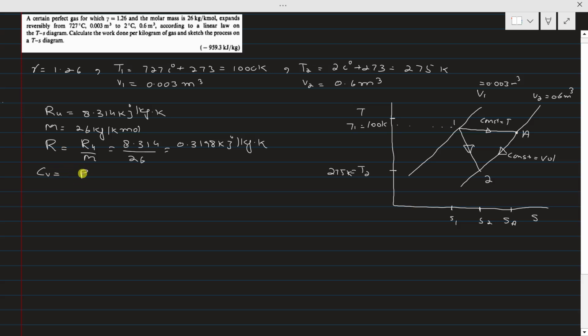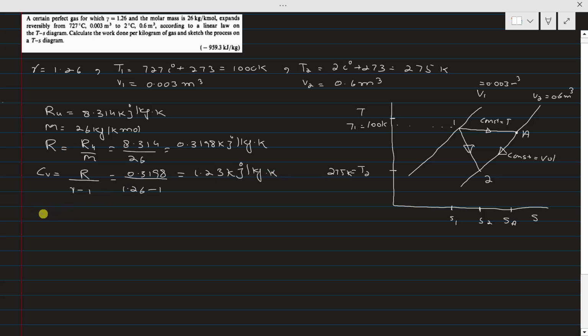It will be equal to R divided by gamma minus 1. So R is 0.3198 divided by gamma minus 1, that is 1.26 minus 1, and you will get 1.23 kilojoule per kg Kelvin.